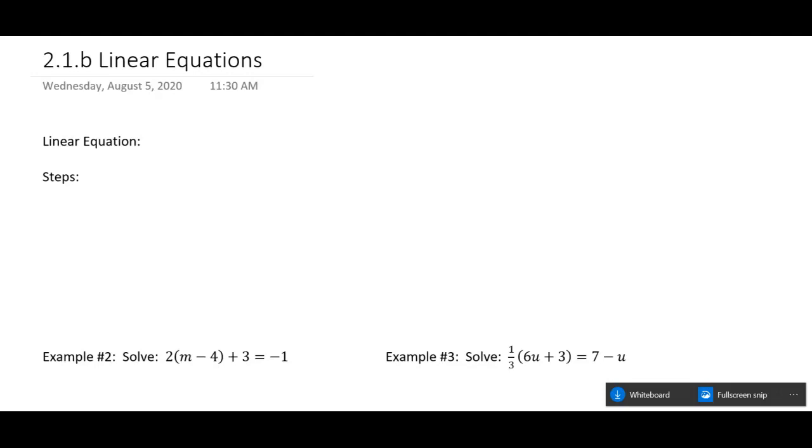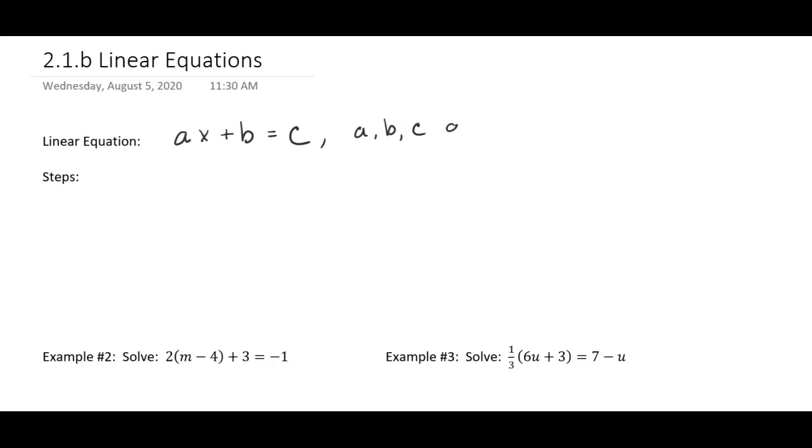Well, all linear equations can be written in the form ax plus b equals c, where a, b, and c are real numbers. So x is representing the variable. They might not start out looking like that, but that's eventually what they will turn into, and then we can solve the linear equation.